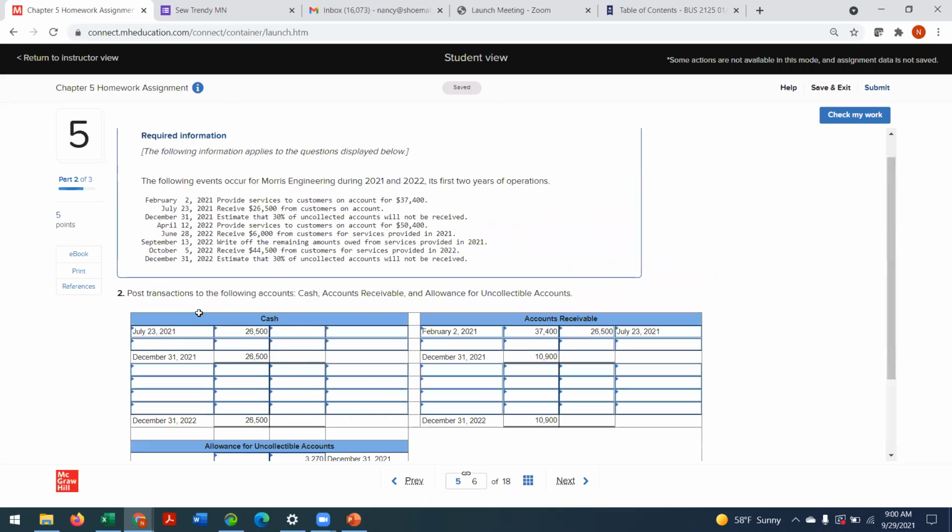Then it told us provide services to customers on account on April 12th of 2022. We provide services to customers on account for 50,400. Then it said on June 28th, we received 6,000 from customers for services provided in 2021.